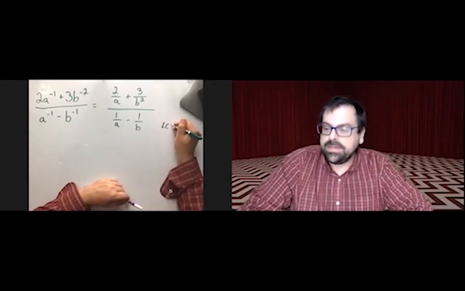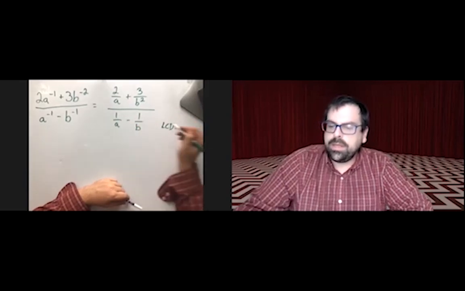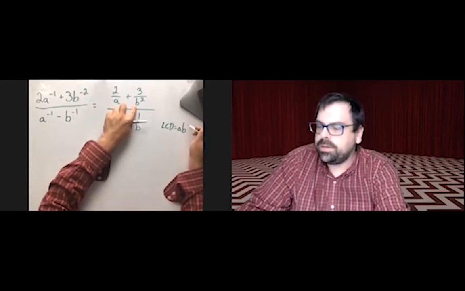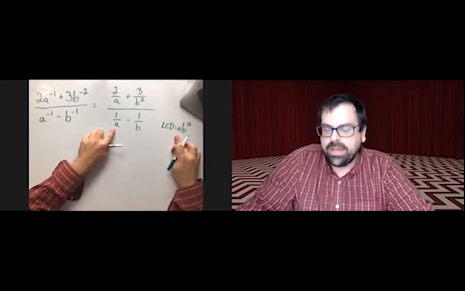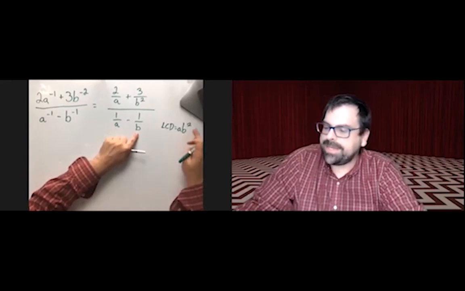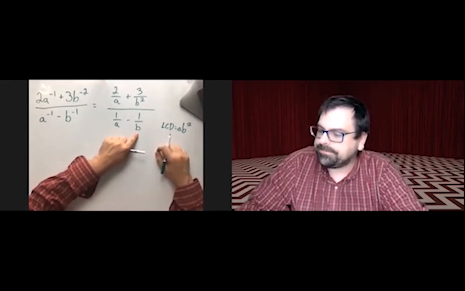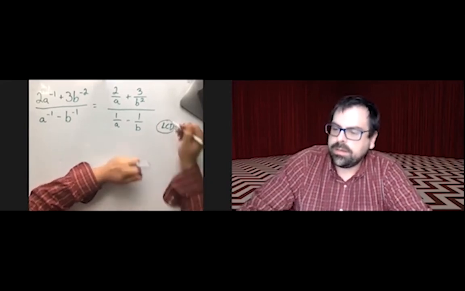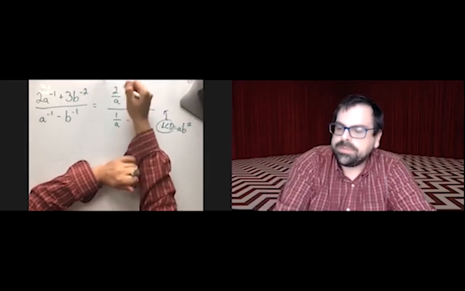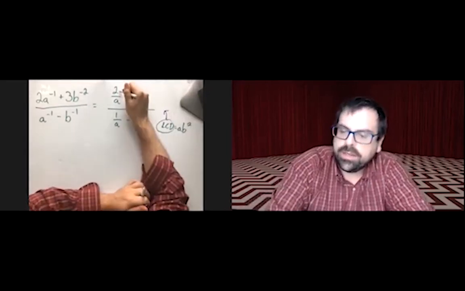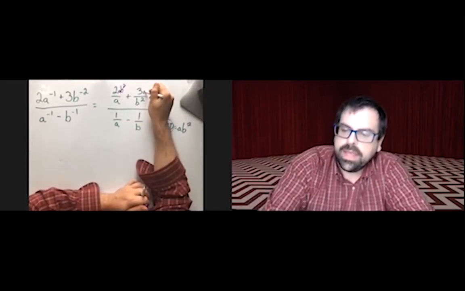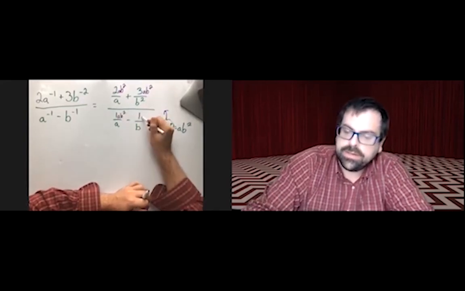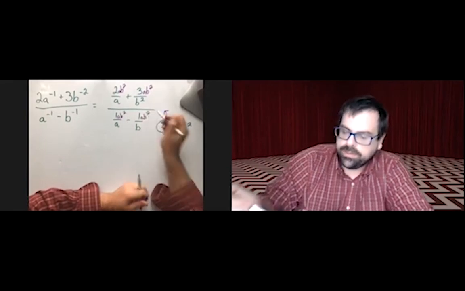The LCD, a b squared, already have an a, already have a b, and it's actually high. Take the LCD and multiply it in the top everywhere. A b squared, a b squared, a b squared, a b squared.